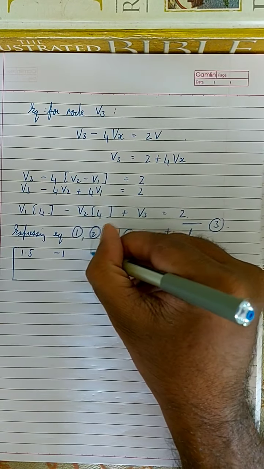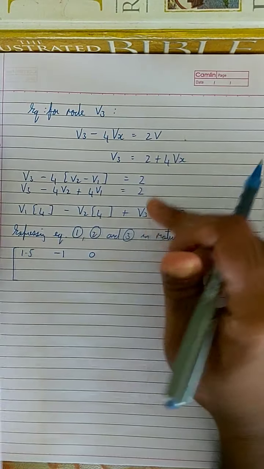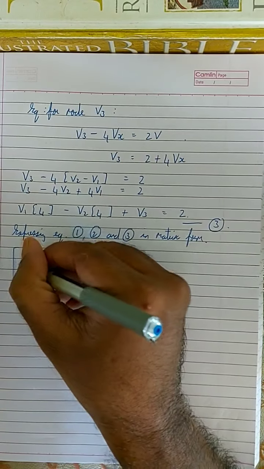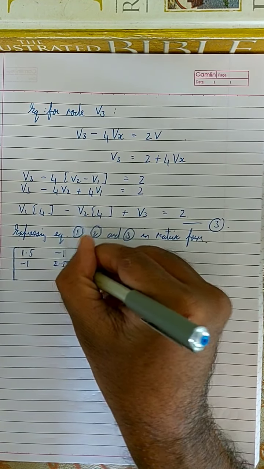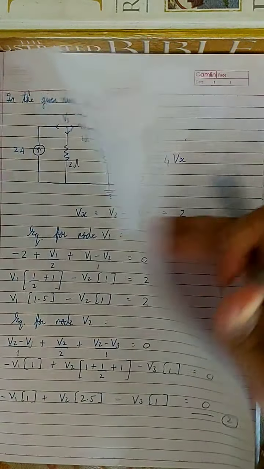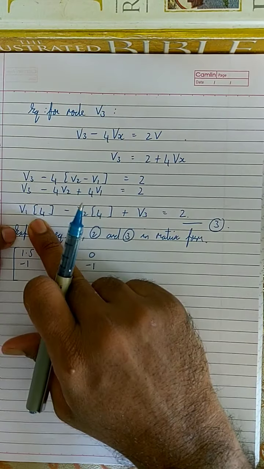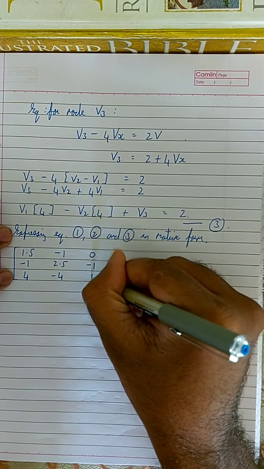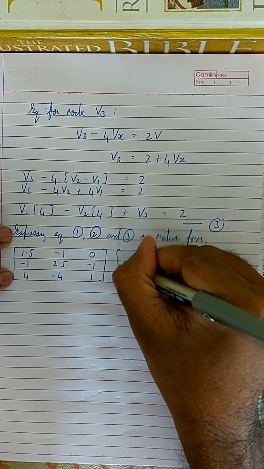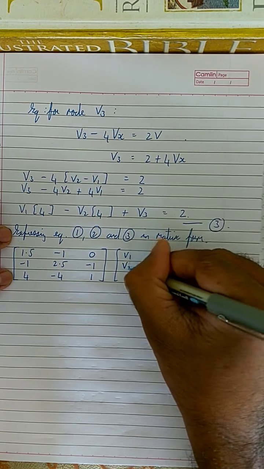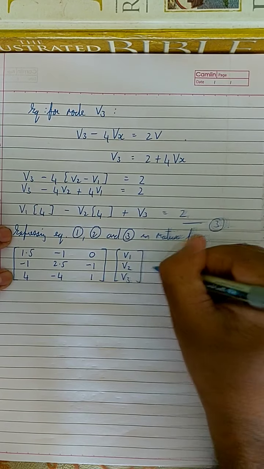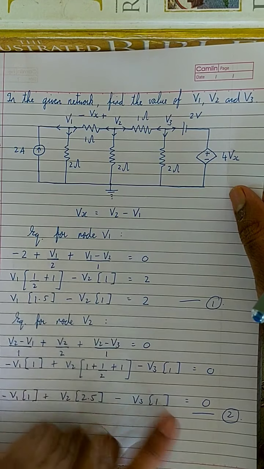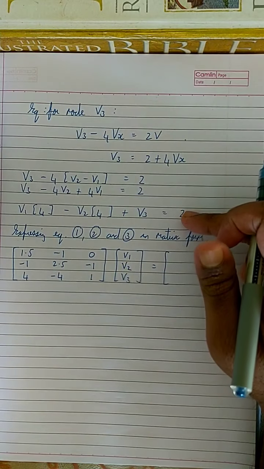This is the first equation. What about the second equation? Minus 1, 2.5 and minus 1. What about the third equation? It is 4, minus 4, 1. Into V1, V2, V3 is equal to, now what are the constant values? In the first case it is 2, the second case is 0, and the third case also 2. So it is 2, 0, 2.